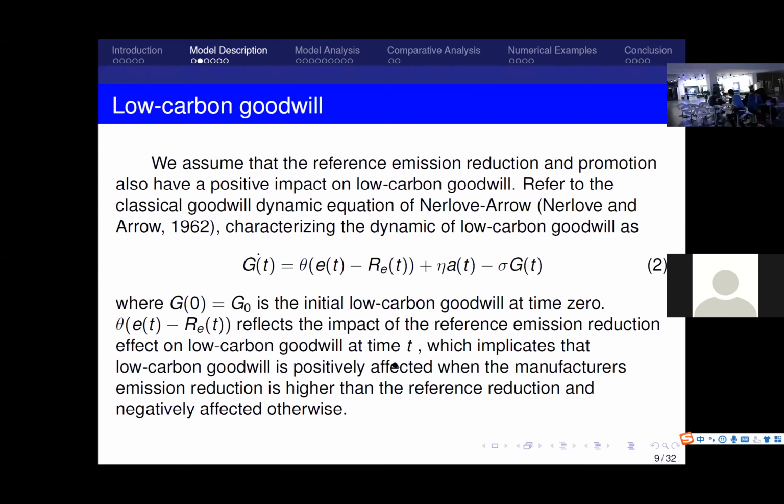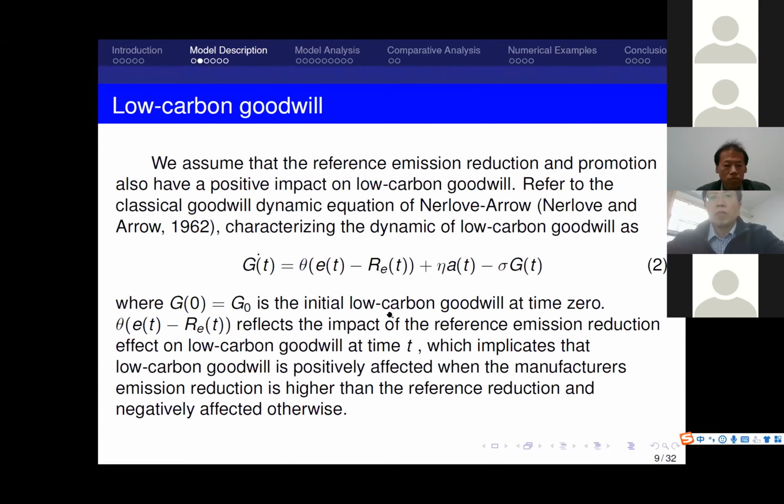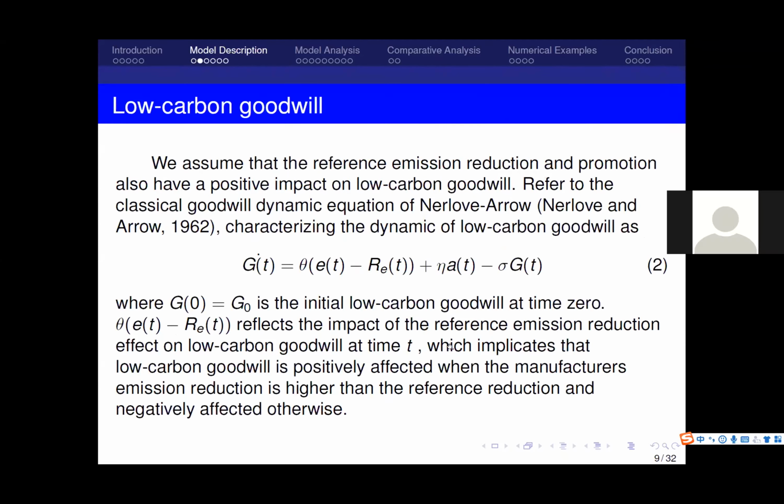The second notion is low carbon goodwill. We assume that the reference emission reduction and promotion also have a positive effect on low carbon goodwill.